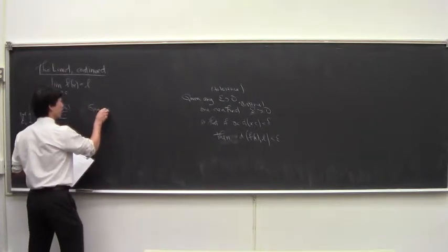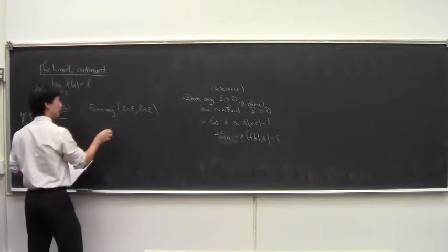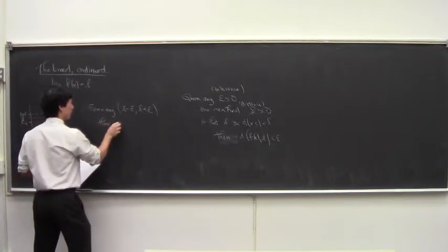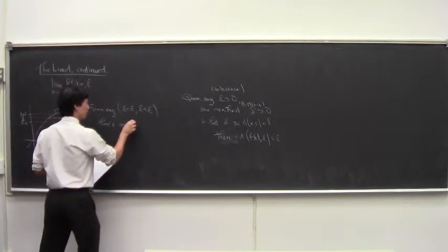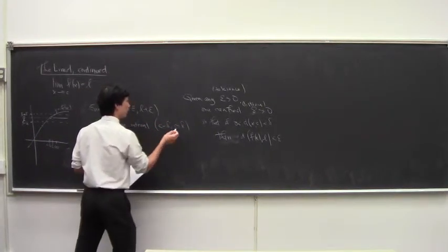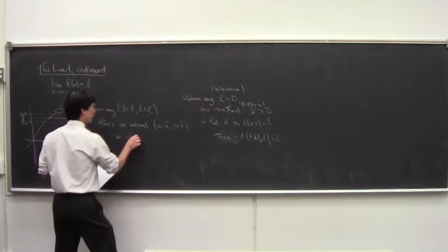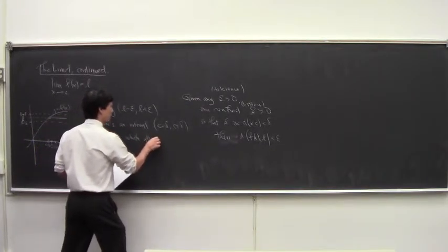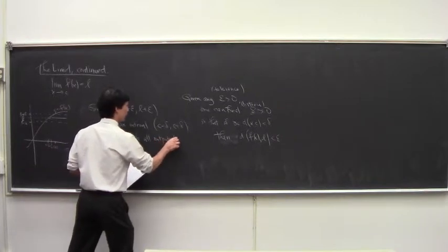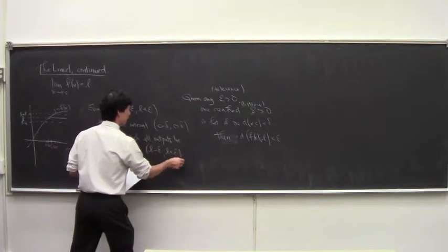Given any interval around L, there's an interval around C in which all outputs lie in L minus epsilon, L plus epsilon.